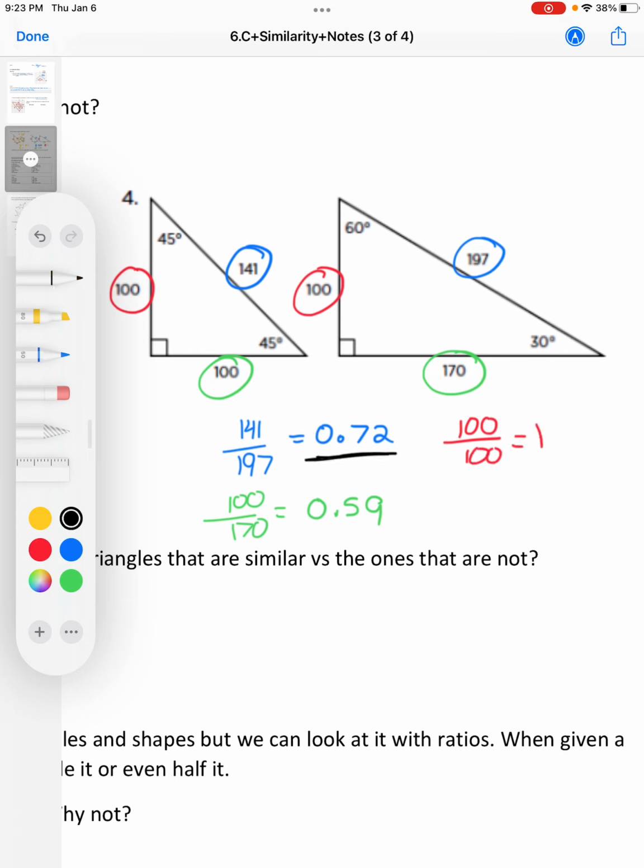Are these factors all the same? No, we didn't multiply the distances by the same amount. This distance, or how much this one is bigger than the other, is 0.72. Okay, that's the difference. All the differences are different, so we didn't scale, we didn't stretch the side lengths the same. So no, they are not similar.